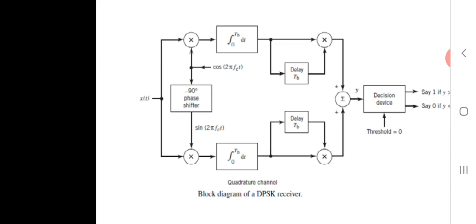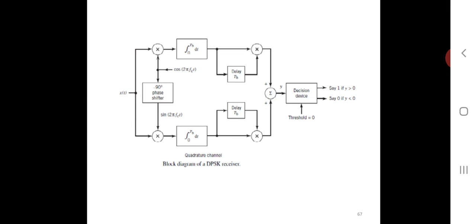The decision device will say 1 if, according to the reception x of t, it is greater than 0, we say bit 1 is received. If it is less than 0, then we say the bit is 0, and the threshold used is 0.